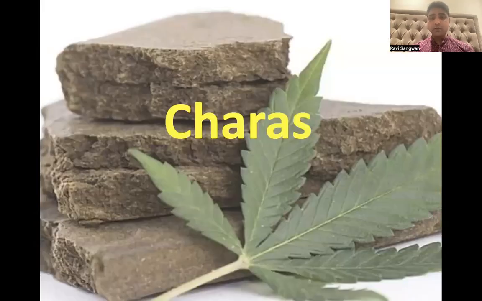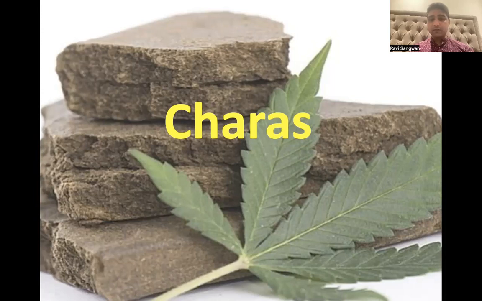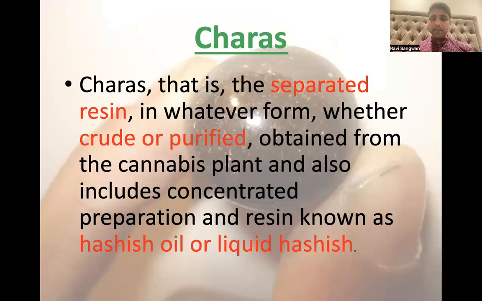So let's talk about charas. You can see these slabs. These slabs are charas, okay? And mostly criminals are using them for selling, making them around walls. You can see behind the picture.